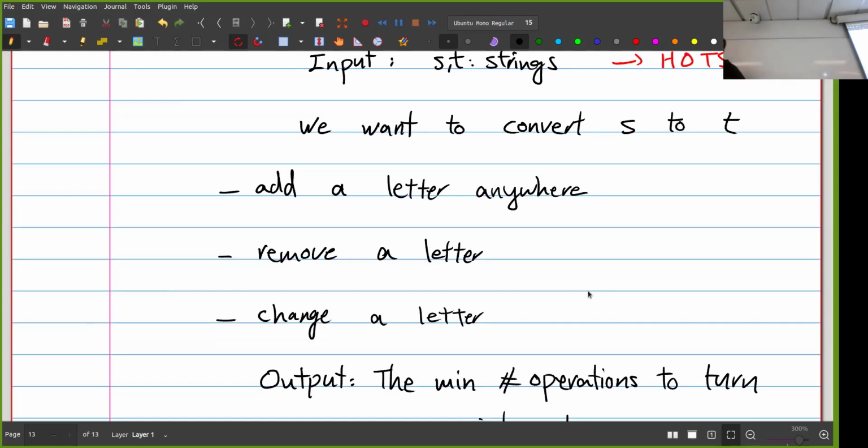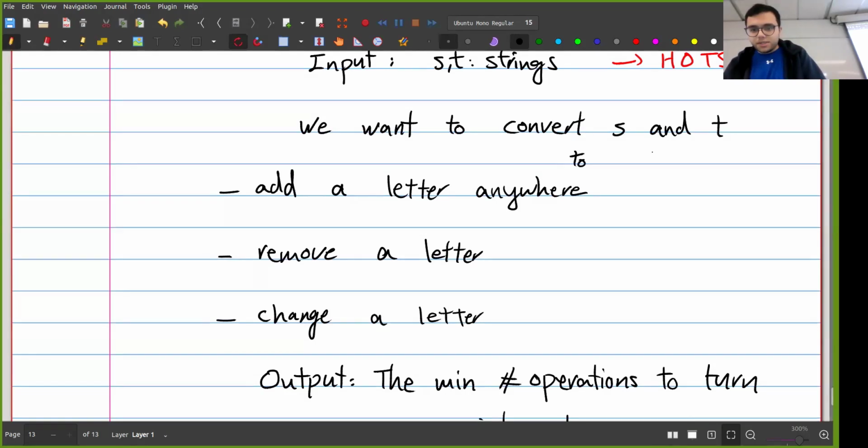So instead of saying that I want to convert S to T, I can say we want to convert S and T to the same string. Pretty much the same problem. It will be solved using the same technique.